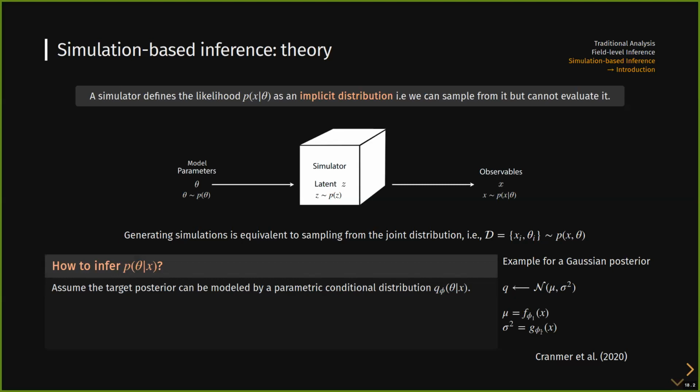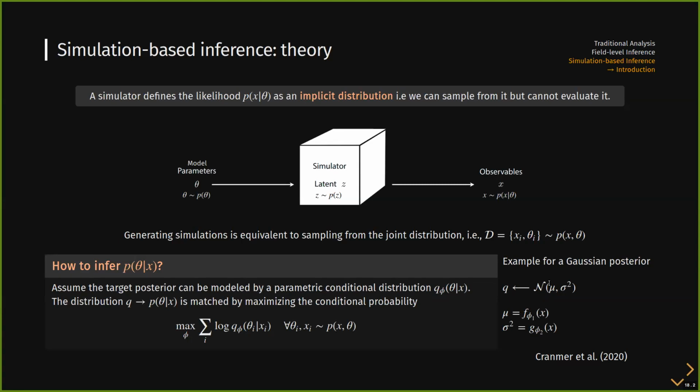And you want to find these parameters phi such that Q matches P. And you can show mathematically that this is achieved if you fit the parameters phi to maximize this conditional distribution of the model parameters conditioned on the data, for all the data that you have generated from this likelihood distribution, which is exactly what the simulator gives you.